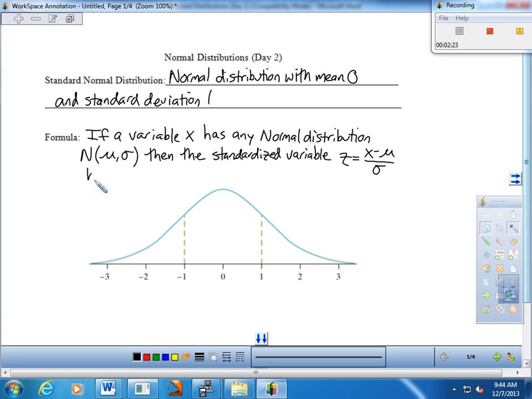And that would produce the standard normal distribution. So again, we're just going to develop a couple ideas based on this idea right here and this formula, and see what we can do with a couple examples.